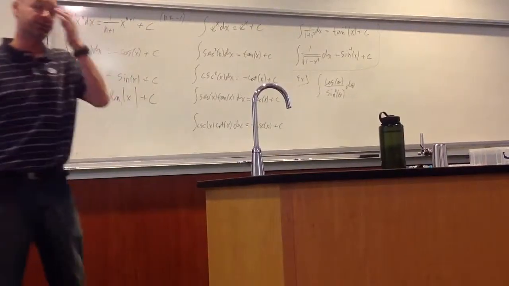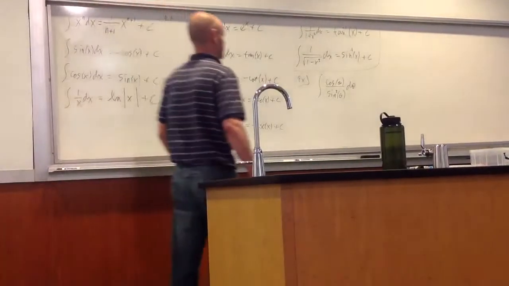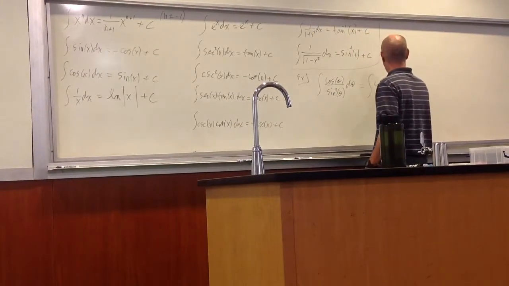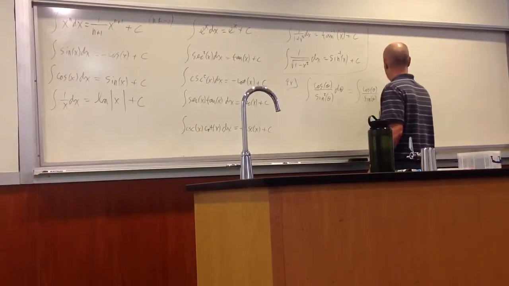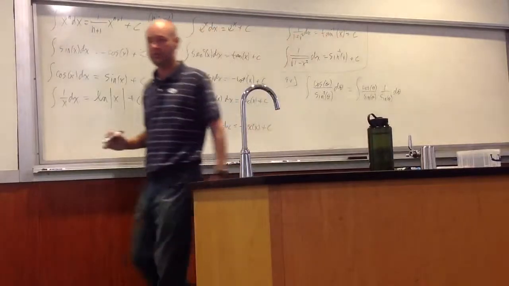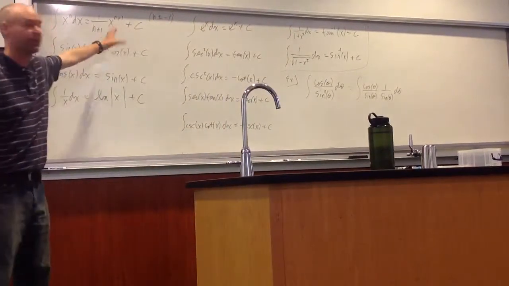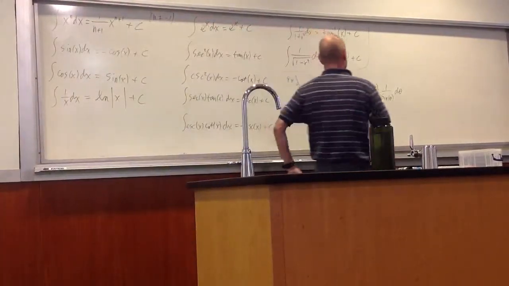Whenever there's trigonometry, it's good to go back to some of the trigonometry rules that we've learned in the past. Now I have to try really hard to make it match something here. What's cosine theta over sine theta?